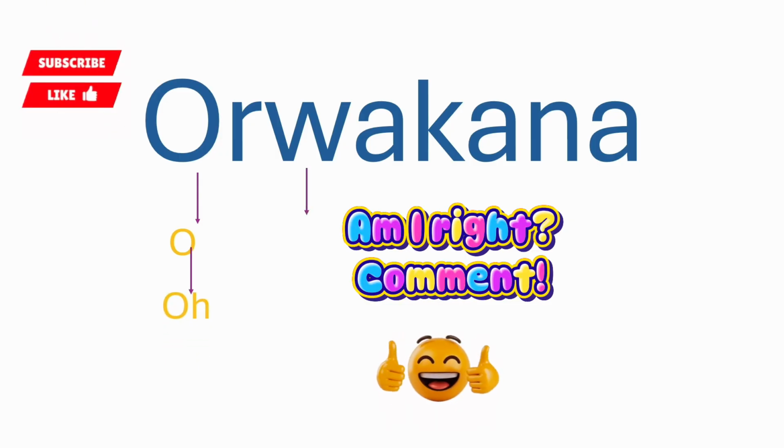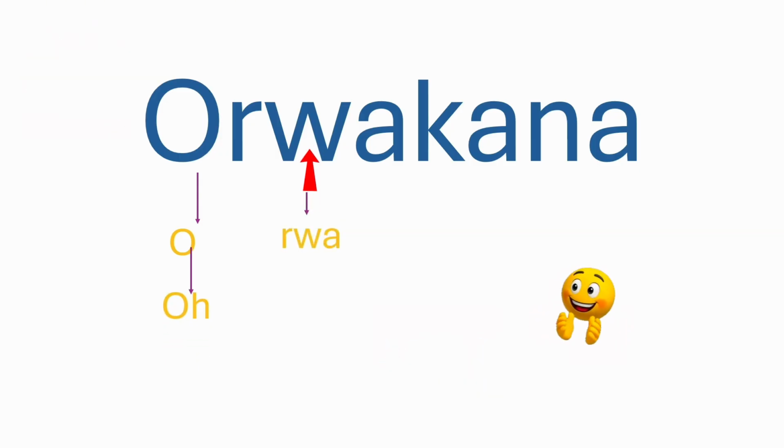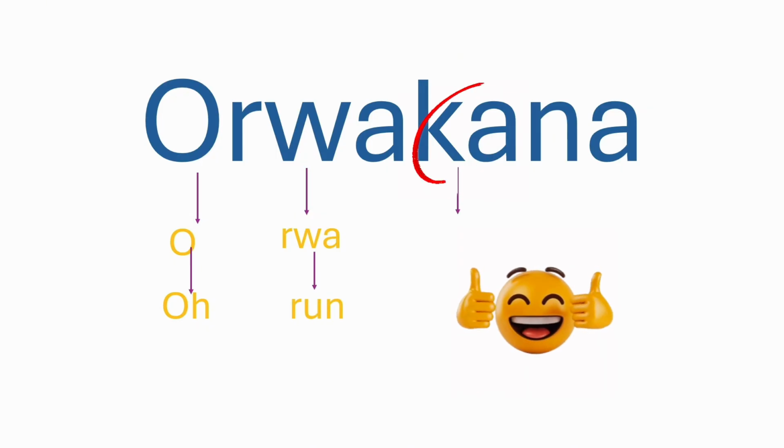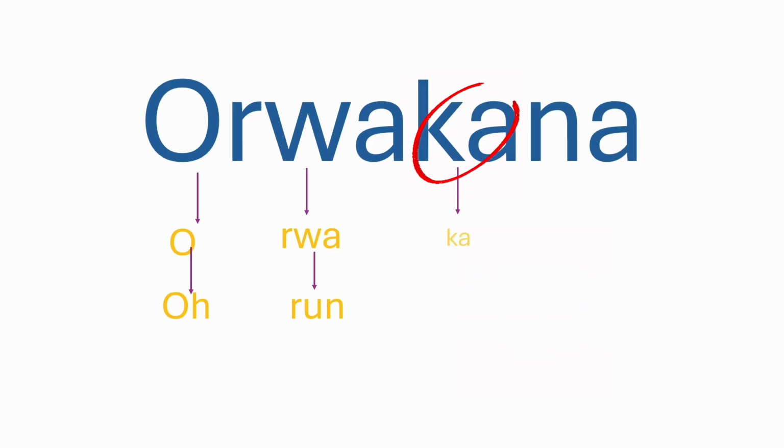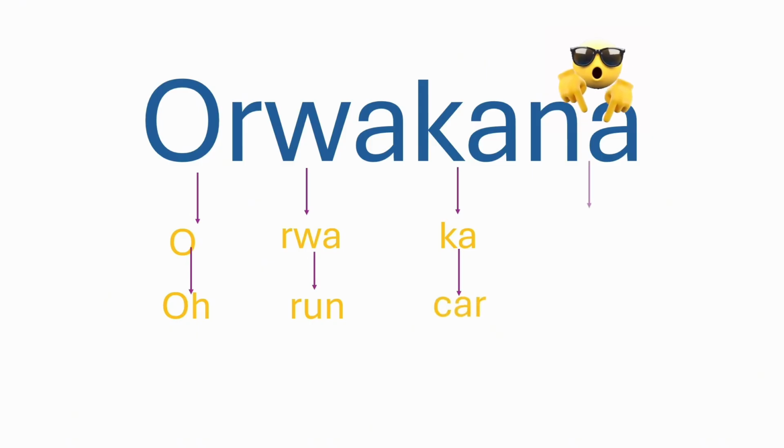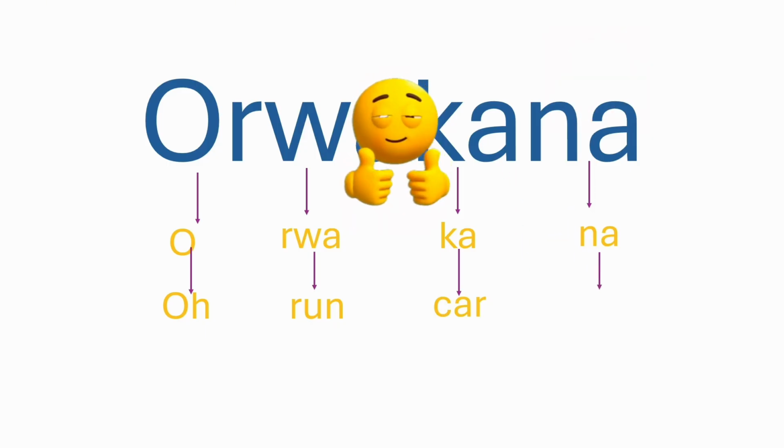And I believe you also know how to say RWA, as in wrath, or run. And I believe you also know how to say K and A, Ka. You may not be familiar with N and A because I haven't said it much, but the rest of the letters you should know. So N-A as in nanny. Thursday in Rukiga is Orwakana.